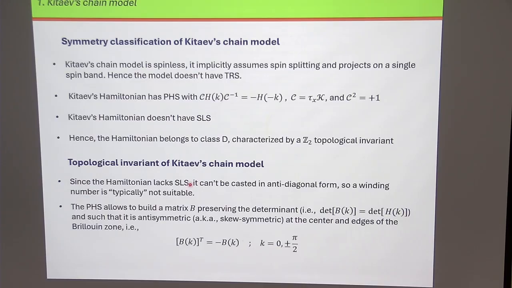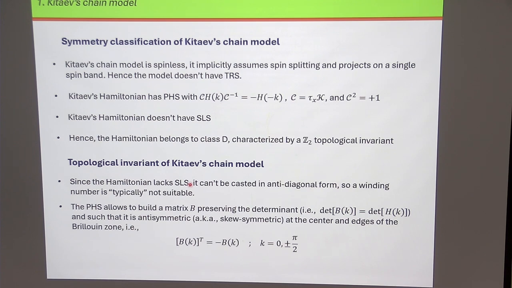Mathematically I can, because mathematically it has this time reversal symmetry for spinless particles. Okay? So for this problem, I can either consider that this is in class D, just assuming that physically it really doesn't have this symmetry.